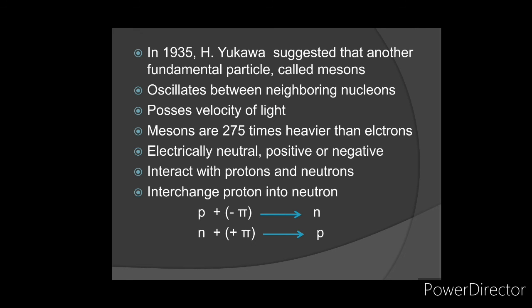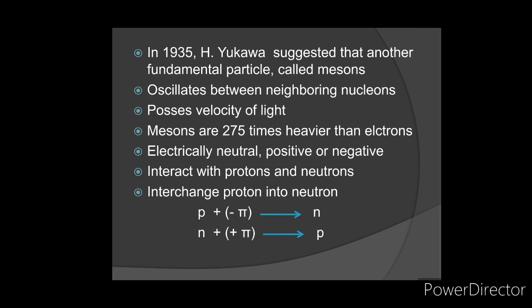The velocity of the meson particle is close to that of light, and these meson particles are 275 times heavier than the electron. The meson particles may be electrically neutral, positive in charge, or negative in charge. So they interact with protons and neutrons, as a result of which protons may change into neutrons and neutrons may change into protons.